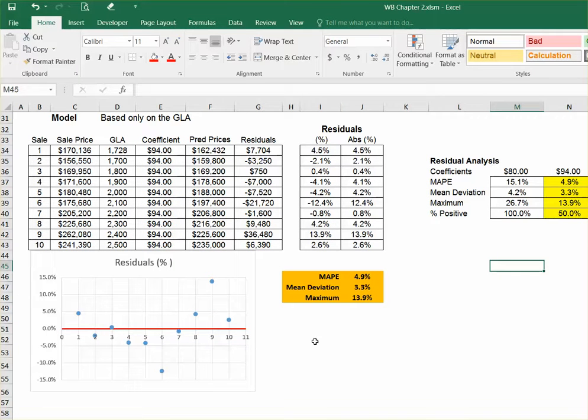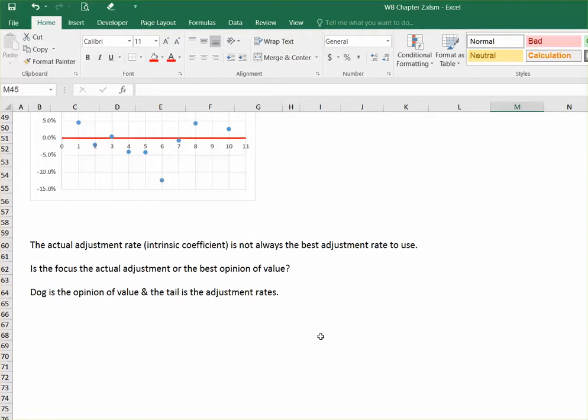Now, let's go down and write out a couple of things. I wrote out: the actual adjustment rate, the intrinsic coefficient, is not always the best adjustment rate to use. Now, we don't know how often that's the case. We haven't got into that. But right now, we know there can be situations where it's best not to use the actual coefficient.